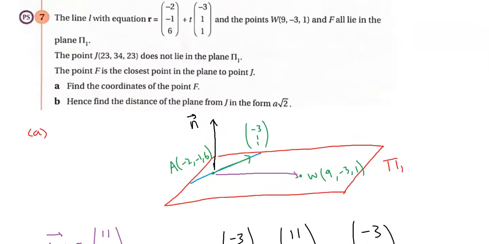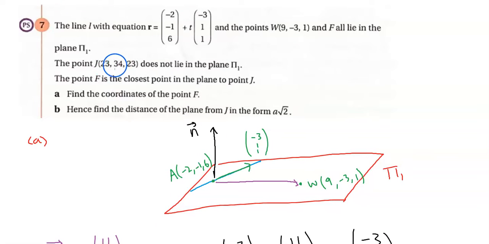Next up, if we go back to our picture, we're told the point J with coordinates (23, 34, 23) does not lie in the plane pi 1. So J can be over here.